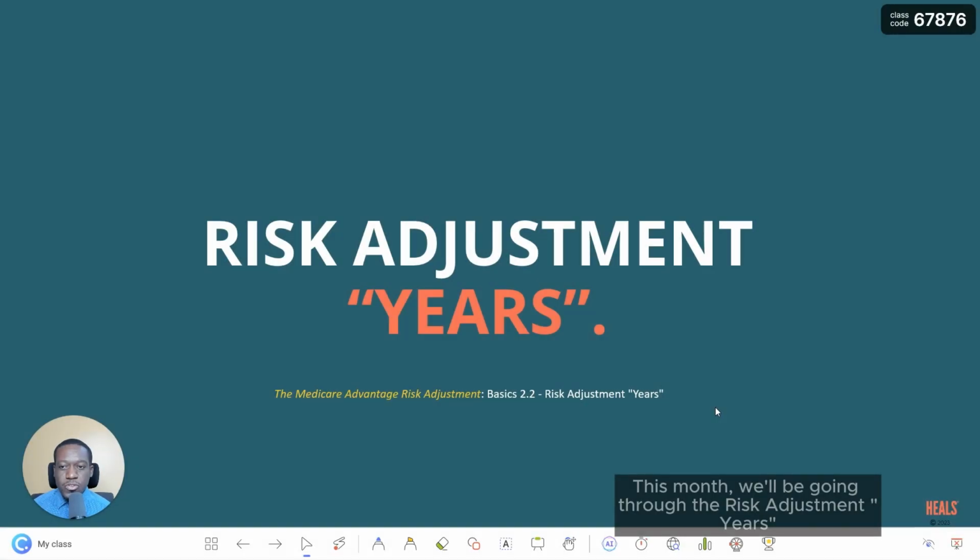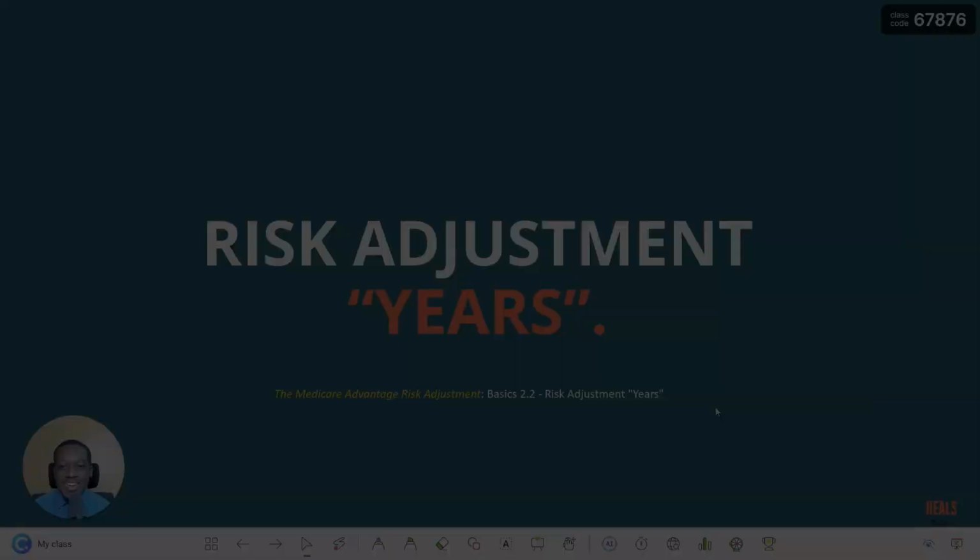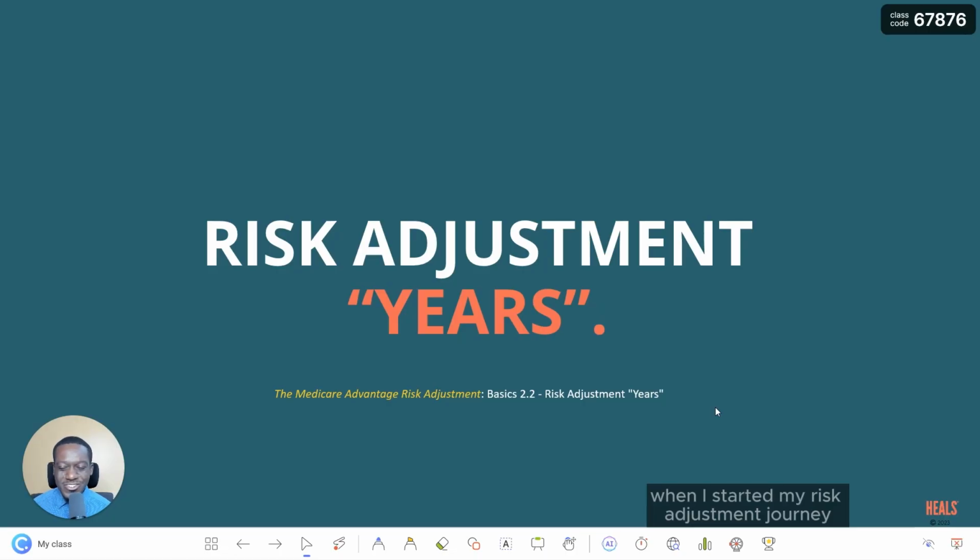This month, we'll be going through the risk adjustment years, and the corresponding resource is the Medicare Advantage Risk Adjustment Basics 2.2, the risk adjustment years. When I started my risk adjustment journey, one of the things that I wish I had learned to ask was the question, which year are you talking about?